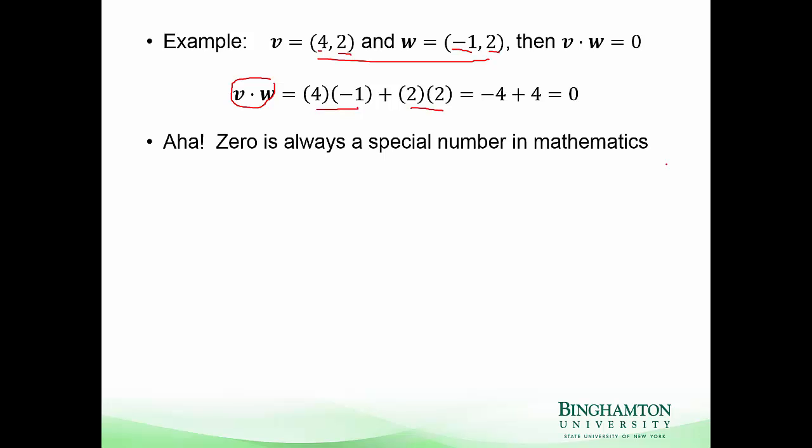Now, whenever you see 0 showing up someplace, you ought to at least consider that something special might be going on, because there are a few very special numbers in math. The number 1 is a special number. The number 0 is a special number. And there are a few other ones. e is very special.